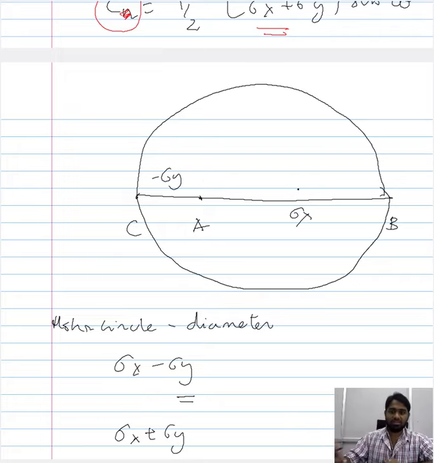This is because the conventional description of the Mohr circle has a diameter of sigma x minus sigma y, and since we are talking about a compressive load condition wherein sigma y is implicitly negative, we have a circle with diameter sigma x plus sigma y. Now let us assume O is the center of the circle.